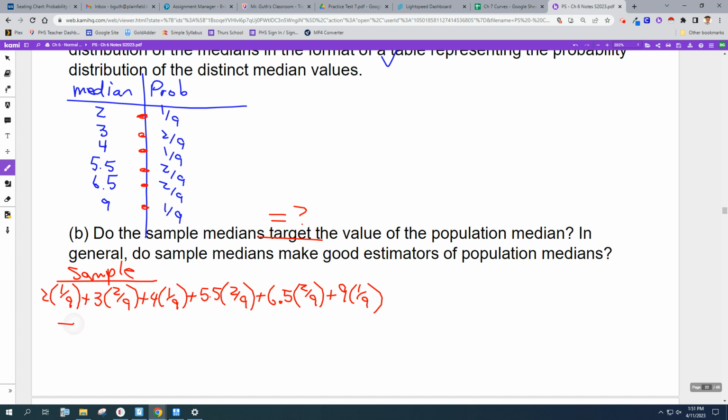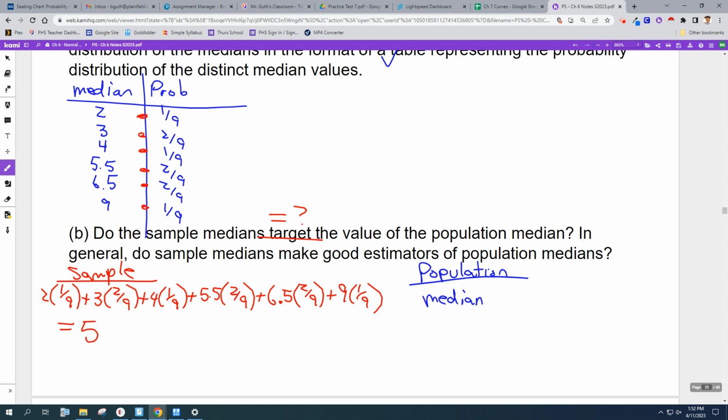And you type all that in and you get 5. All that stuff adds up to 5. And we want to do the population. Now remember, we're finding the median.